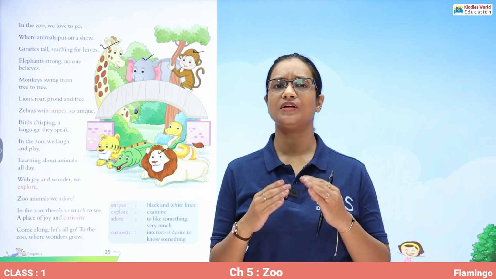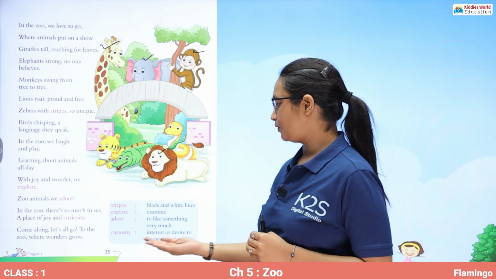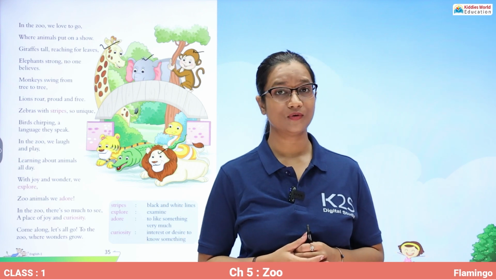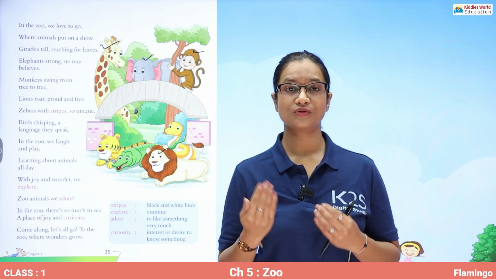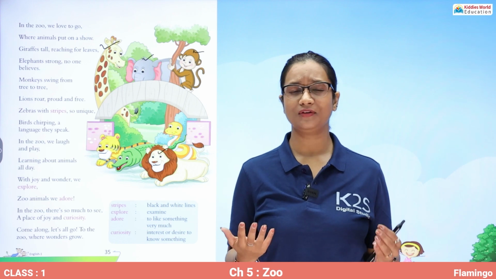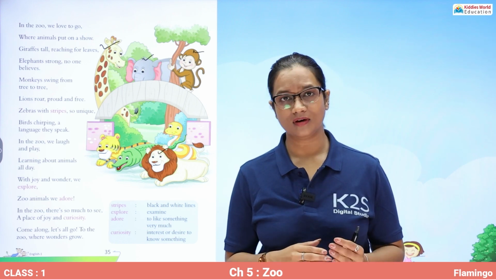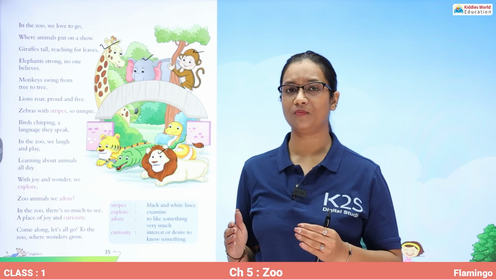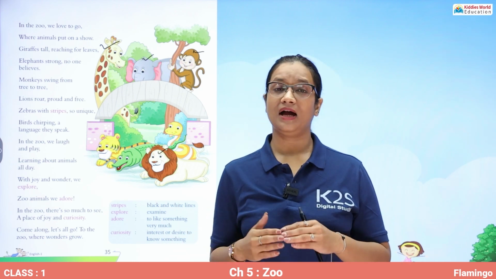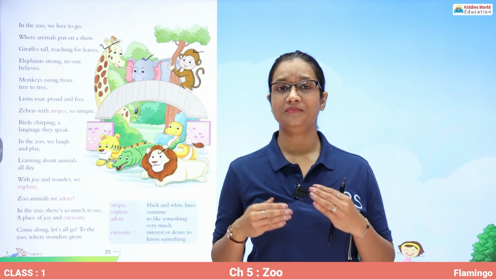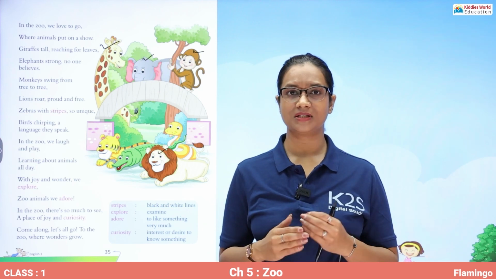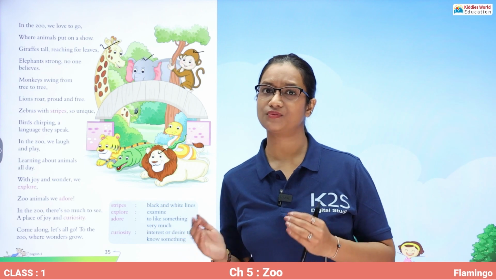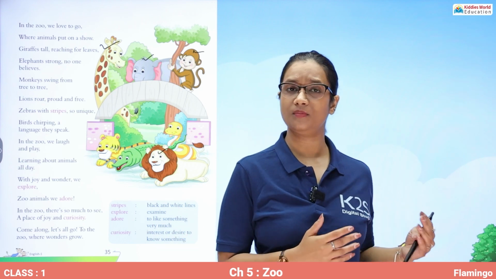Now the word curiosity here means interest or desire to know something. When a person goes to the zoo, they really have this desire to learn a little more about these animals. Where do they come from, what is their habitat, and what makes them different from the other animals, which ones are carnivores, which ones are omnivores or herbivores.